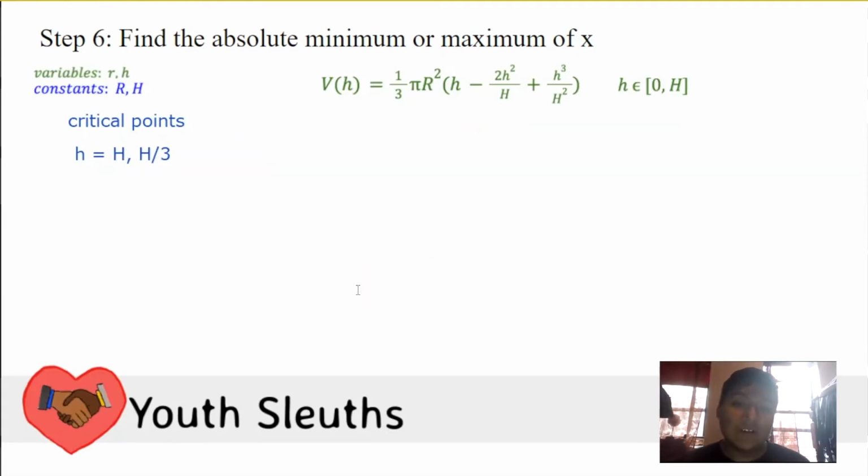Now please give me a second so I could clear the space. So now that we have our critical points, the final step is to plug them in to V of H. So we have V of big H, and we'll first solve for that one. If we see here, the 1/3 pi big R squared remains the same.